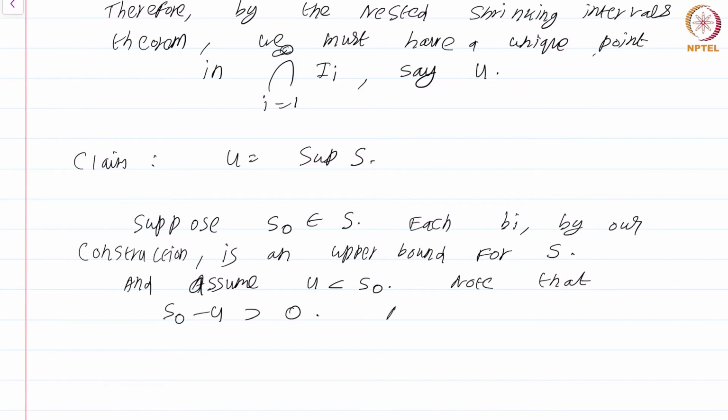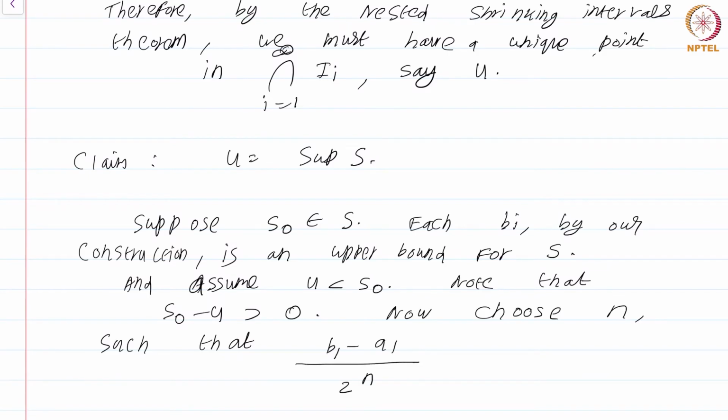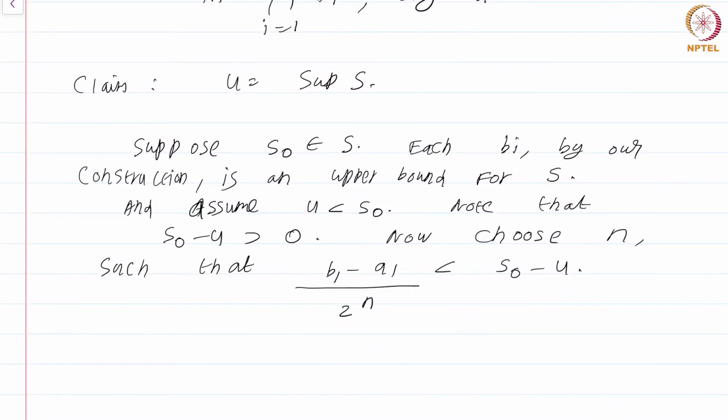Now choose N such that (B1 minus A1) by 2 power N is less than s naught minus U. Again, note that to choose such an N, you have to use the Archimedean property.